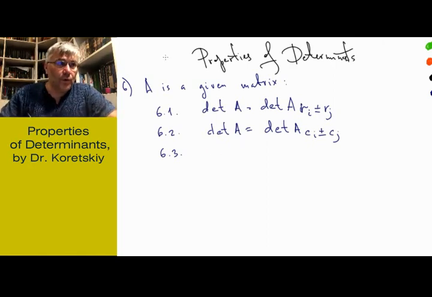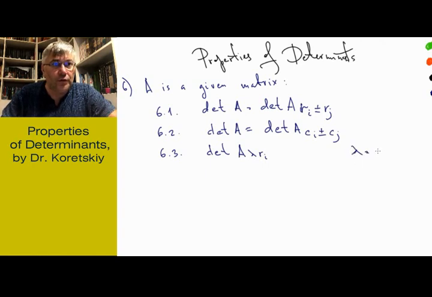For example, you want to multiply all elements which are located in, for example, row I. It doesn't matter which row, and lambda is not 0 here.